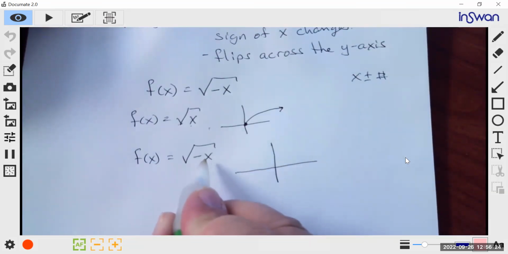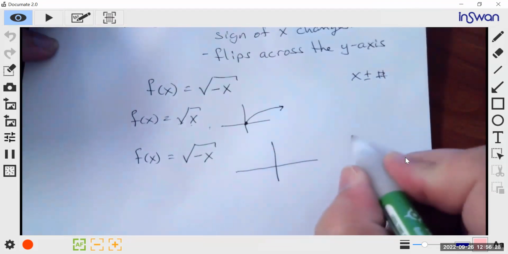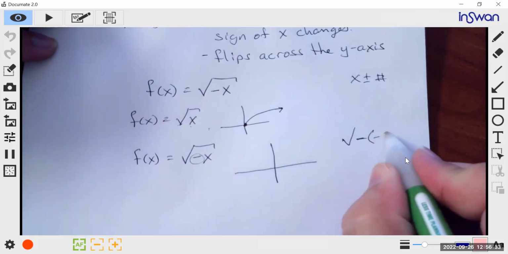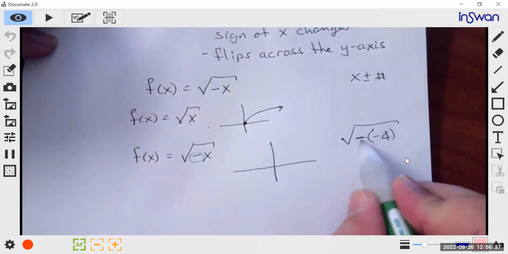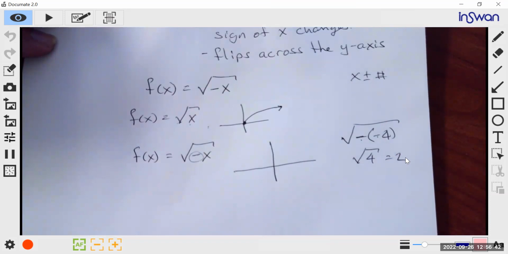What if x was negative? Whereas if I put this negative, what if x was -4? Exactly, so now I have 2.